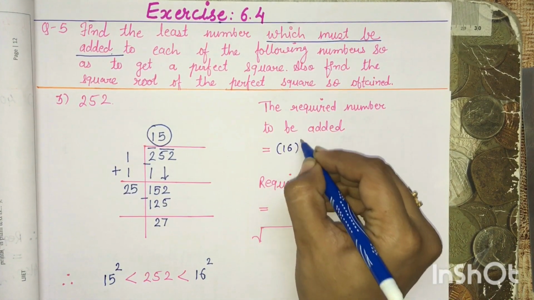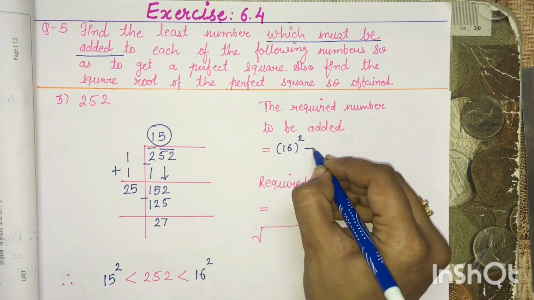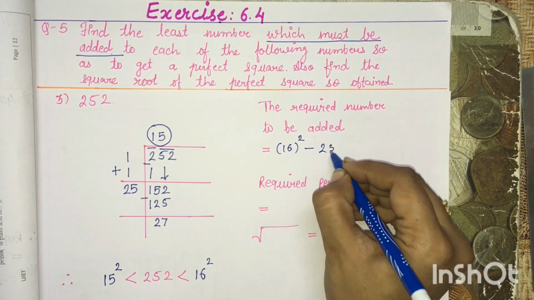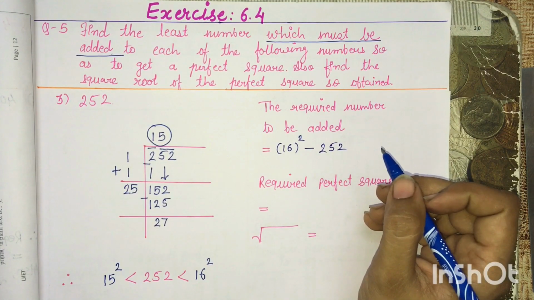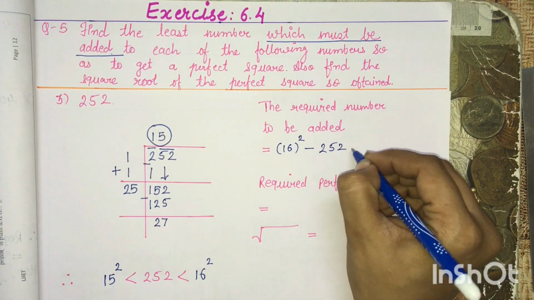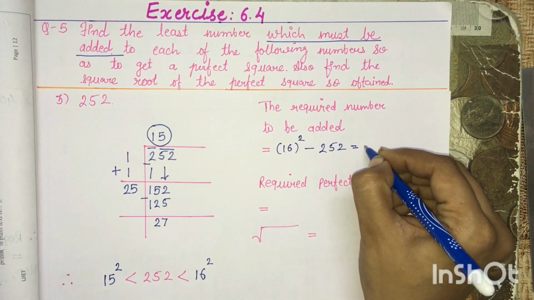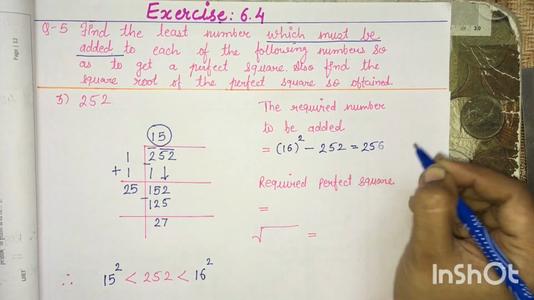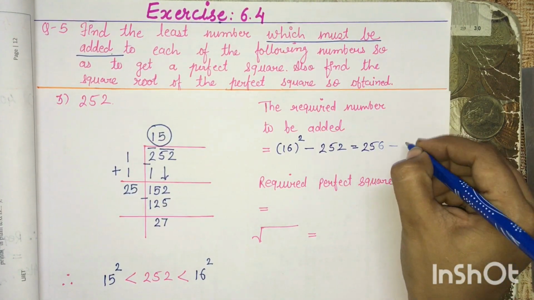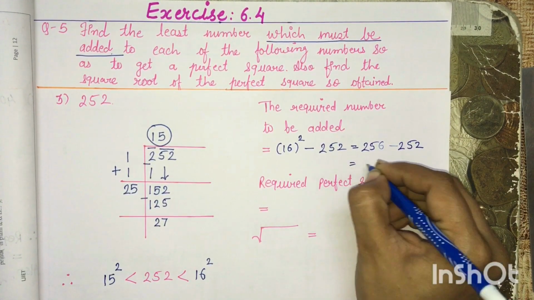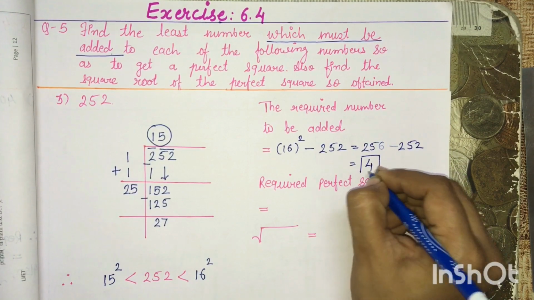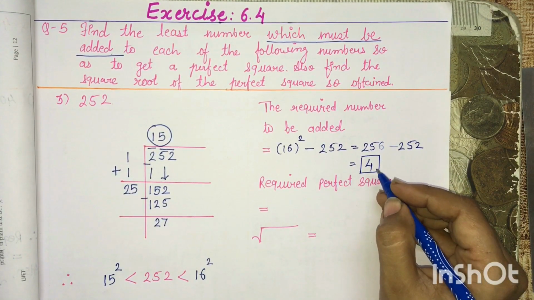Now here we have to find the number to be added. So the required number to be added will be what? The square of 16 minus 252. Now the square of 16 is what? The square of 16 is 256, minus 252 is equal to 4. So this 4 is the number.